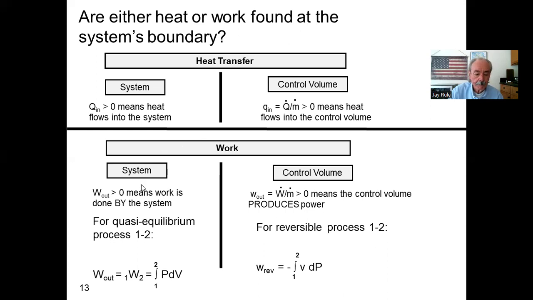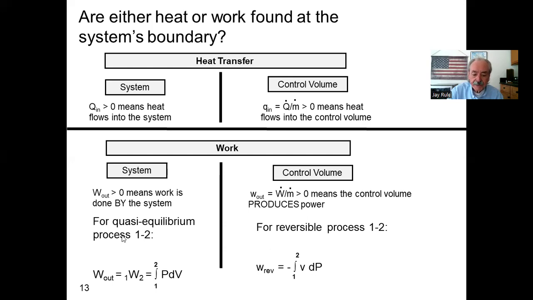How about work at a system boundary? Can we see work at a system boundary? Is it a piston cylinder? Is it moving? Okay. If the piston's moving, you've got work involved. Work out greater than 0, that's positive. Okay.